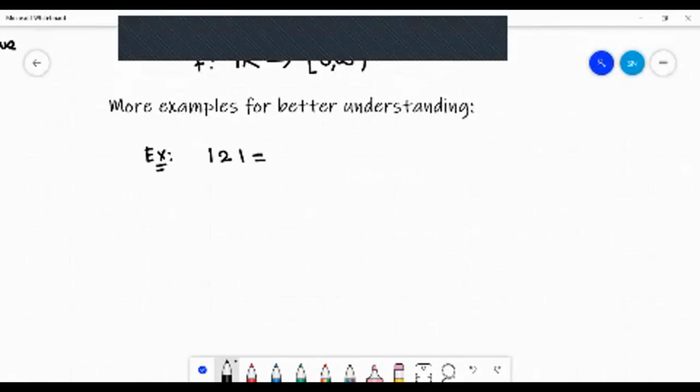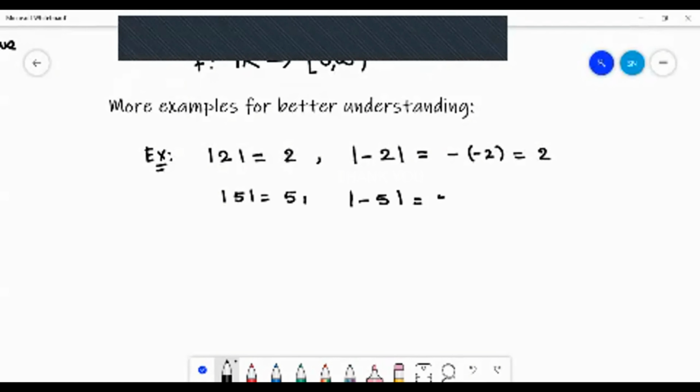This is positive, so it is 2 only. Suppose modulus of minus 2. As we observe, it is a negative value. As per the definition of the function, this is minus of minus 2, which is equal to plus 2. Similarly, modulus of 5 is equal to 5 and modulus of minus 5 is equal to plus 5.